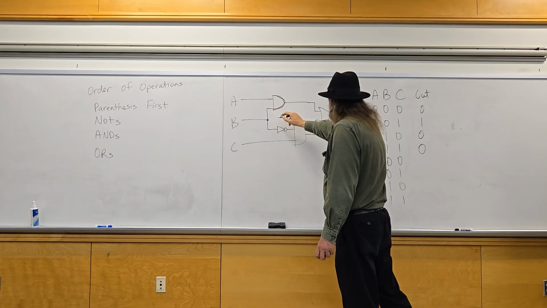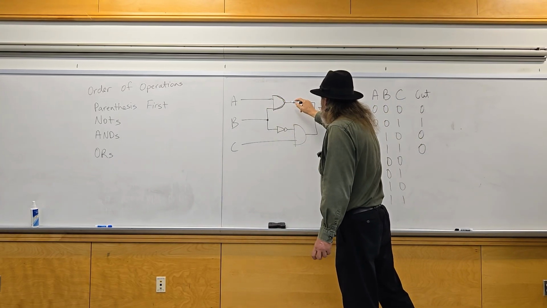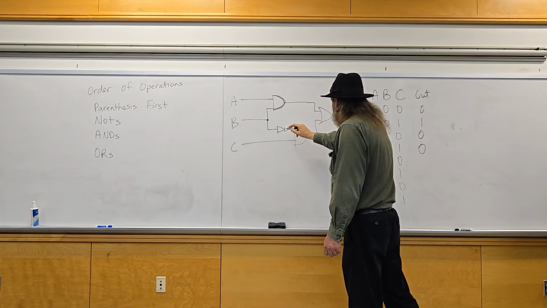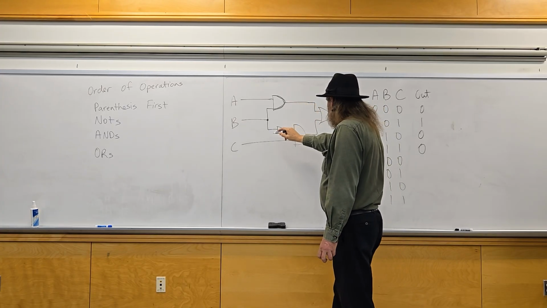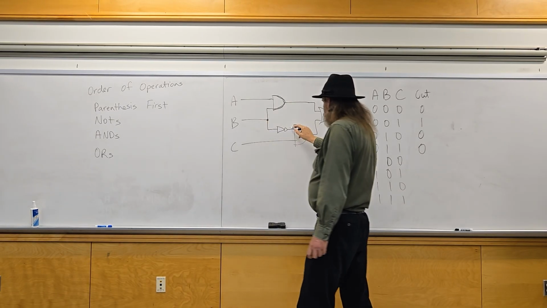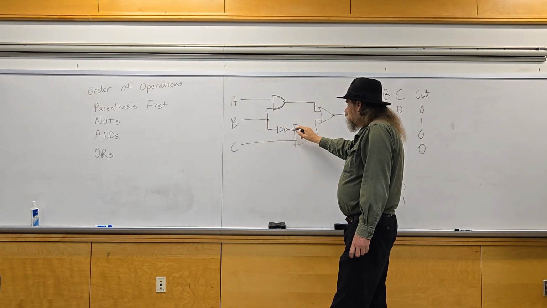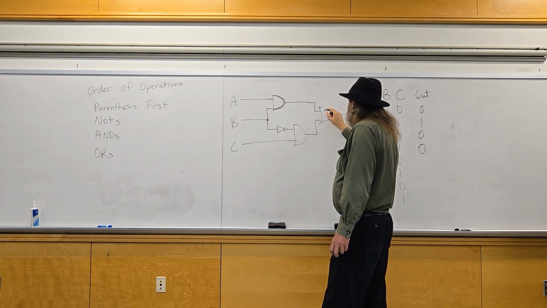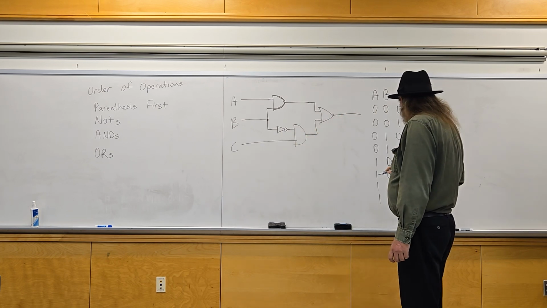A 1 and 0 would lead to a 0 here. 0 would lead to a 1 here, and a 0 here would lead to a 0 here, and 2 zeros ORed together would be 0.